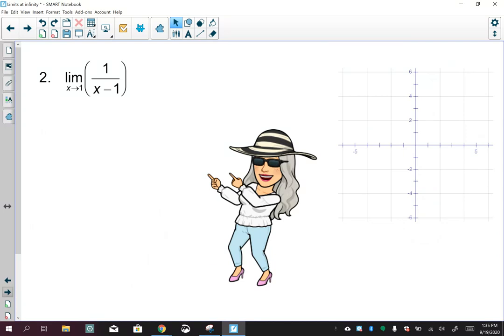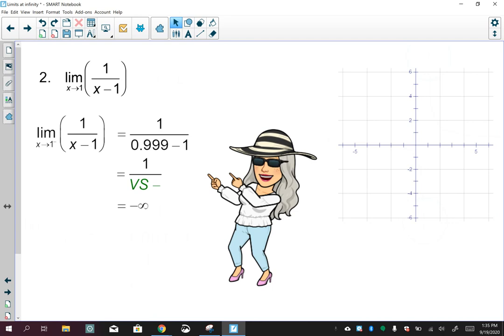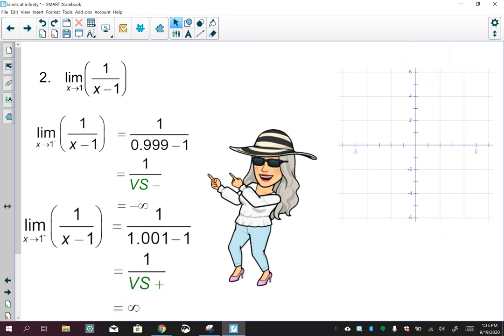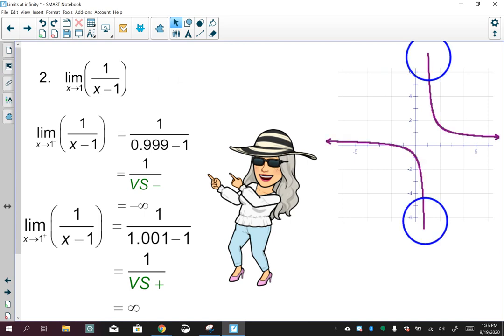I take a look at my left side: I go to negative infinity. On the right side, I'm going up to positive infinity. So I've got something that looks like this right here. That means this one flat out does not exist.